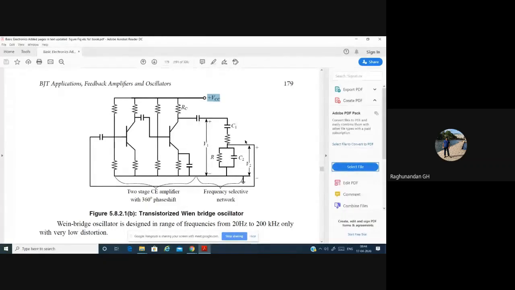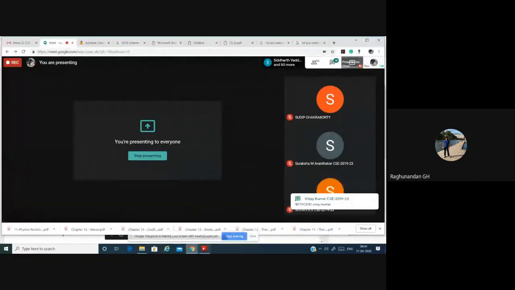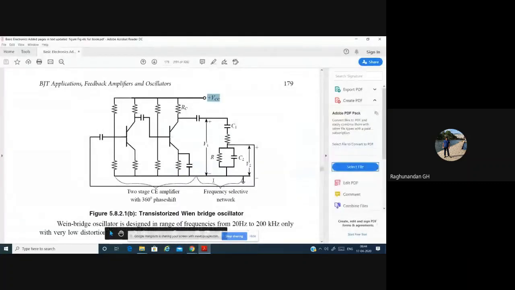After that, the next part of the circuit is the frequency selective network. In the frequency selective network, we are going to have two RC pairs, but the connection of these RC pairs is such that in one pair the R and C are parallel to each other, in the other pair they are series to each other, and when I take this RC with respect to this RC, they are in series.